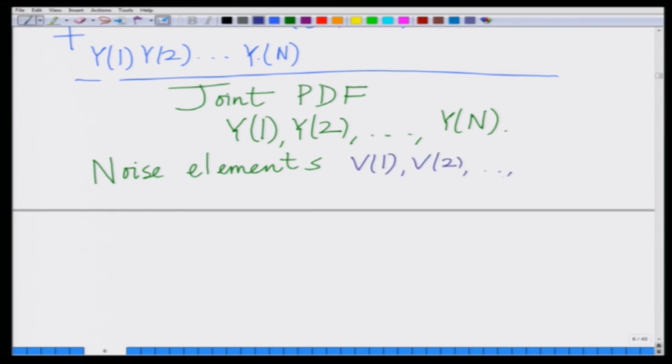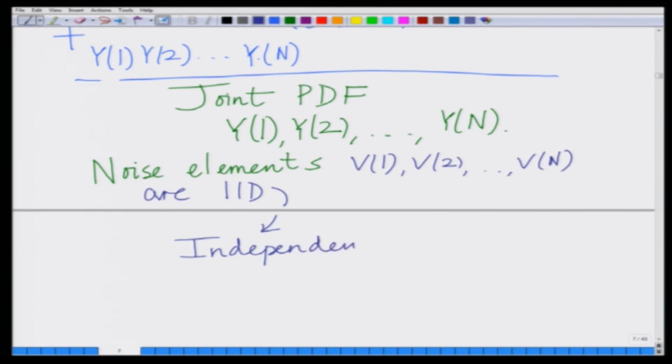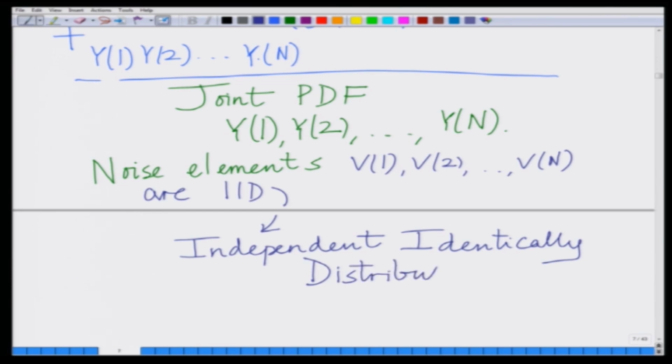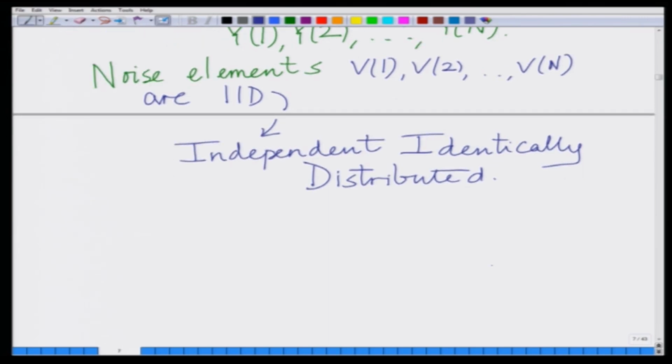What do we mean by IID? That is, they are independent and identically distributed.